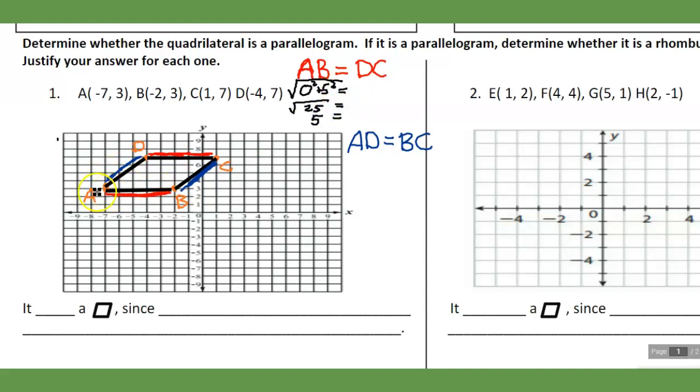We knew this was 5 all along, 5 squares. It's a little bit easier to figure out the distance of something when it's horizontal and vertical. The distance formula is really more useful when it's a diagonal and you can't just count squares. But we'll be thorough and show the calculations anyway. Not something you would normally do. Both sides come out to be 5. So yes, these two are congruent.